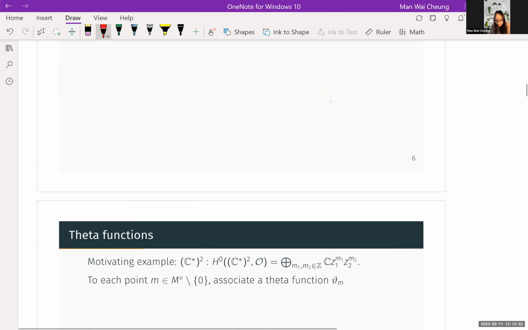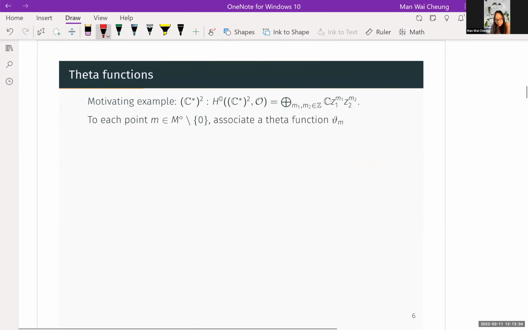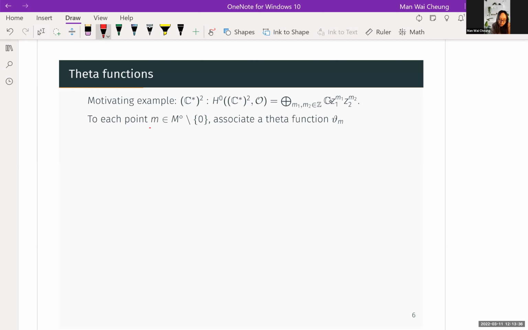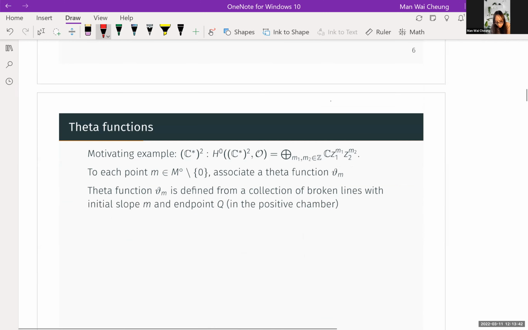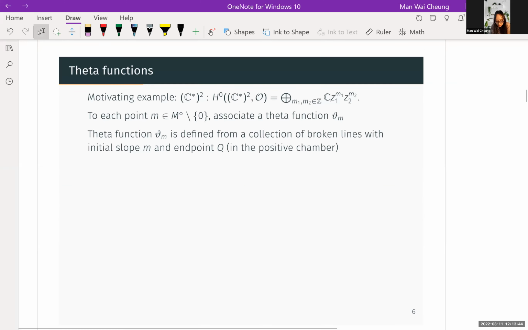So this is how we can motivate theta functions, where we associate each lattice point with a function on the cluster variety. Again, the combinatorics to define theta functions is very long.